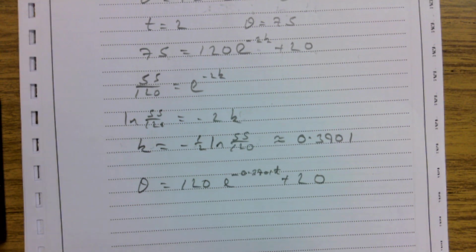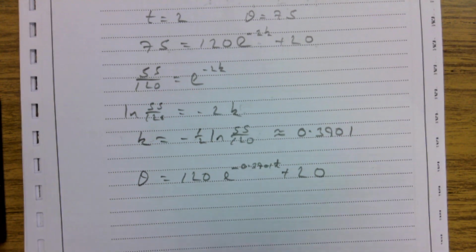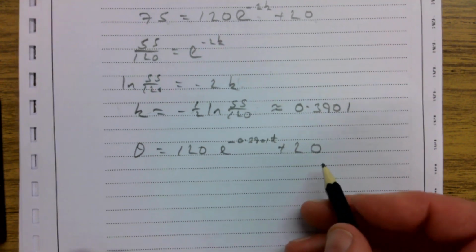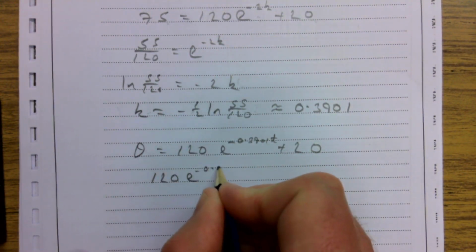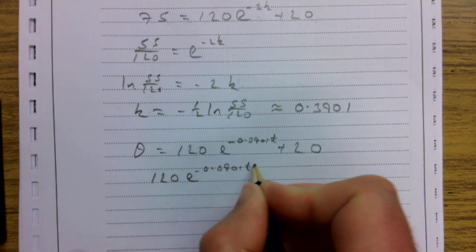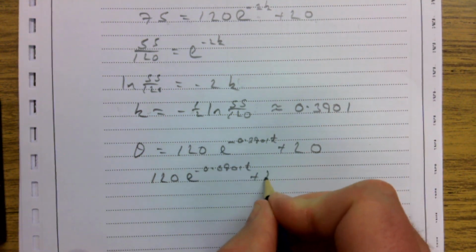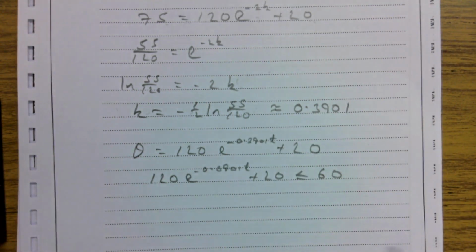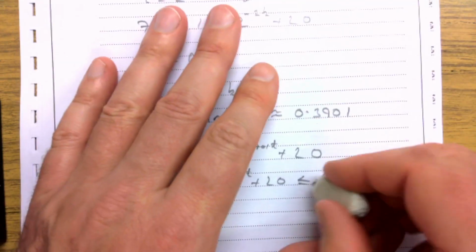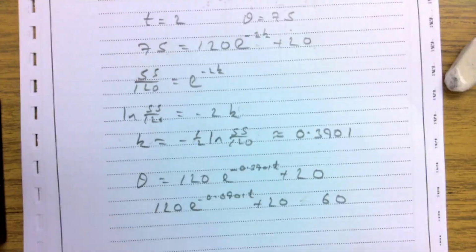We're asked whenever it has to be, so we're going to have this as less than or equal to 60. Sorry, it's greater than or equal to 60. Of course it is, because you want the temperature to be greater than or equal to 60.